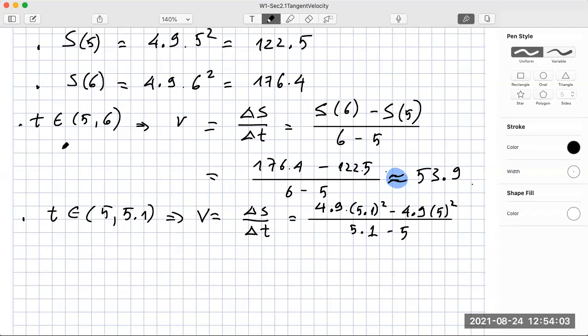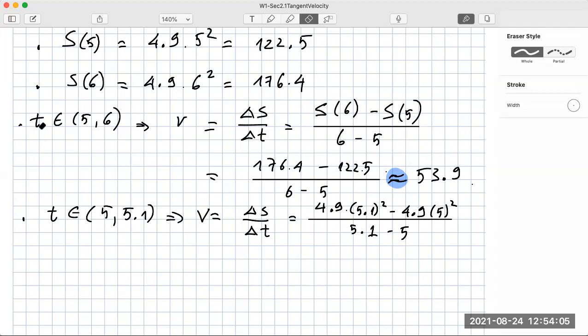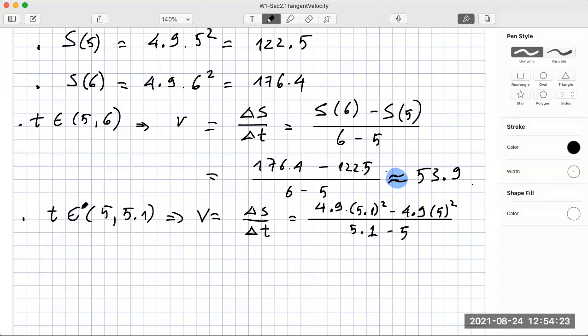This is notation in math. This means t belongs to this interval. t is in decimal. Or you can write it down as t from 5 to 6, the interval. Let us write it that way.